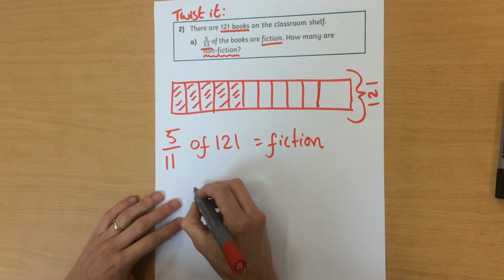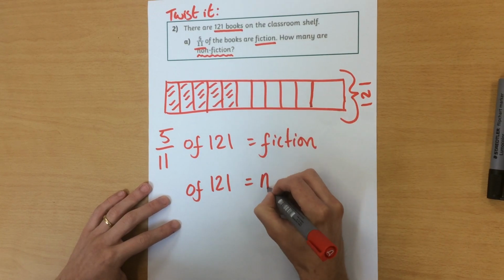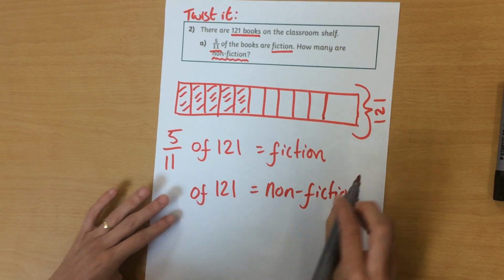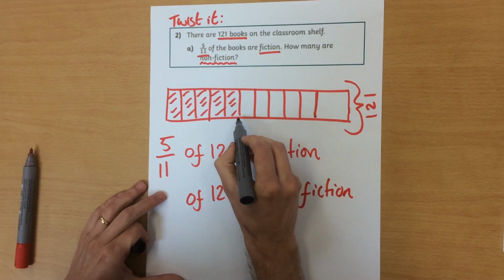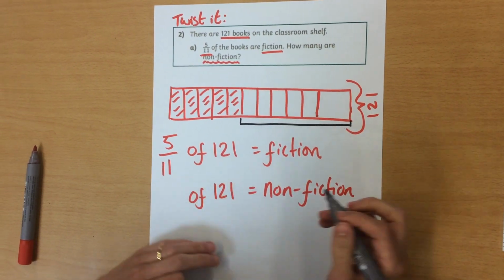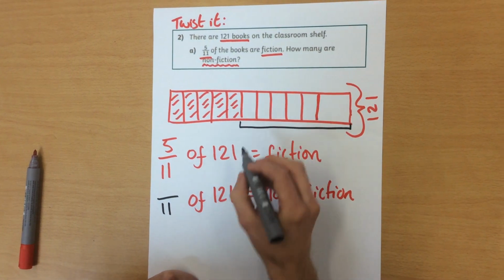Well, first of all, what I want to know is how many of these are non-fiction. So if 5/11ths are fiction, then that must mean this remaining amount is the non-fiction section. So how many 11ths do I have left over?